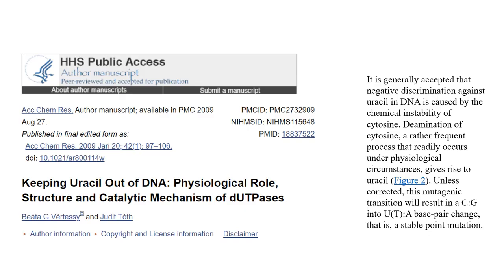And unless corrected, this mutagenic transition will result in a CG turning into a U-A or T-A base pair. That cytosine guanine would end up getting changed into a uracil adenine base pair type mutation. And so it would not be a good idea to have uracil be part of DNA.